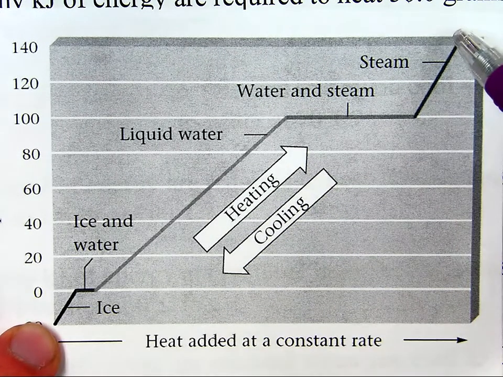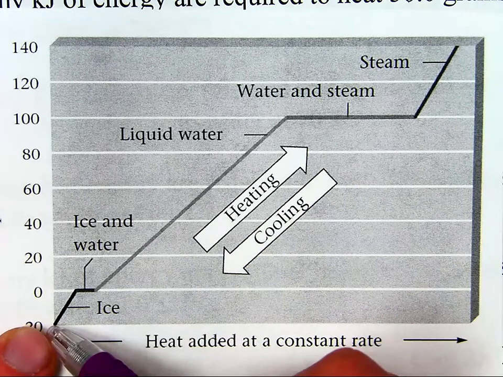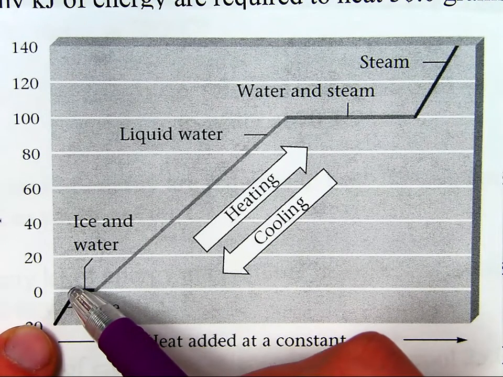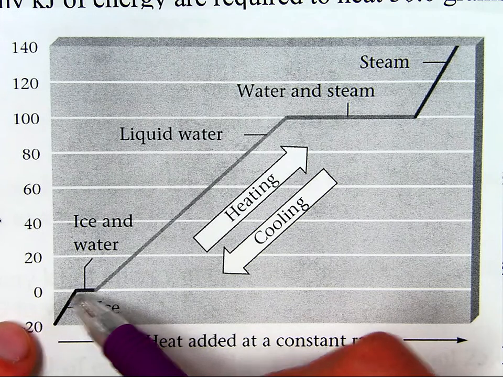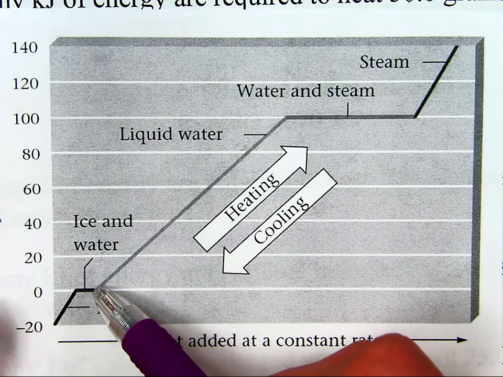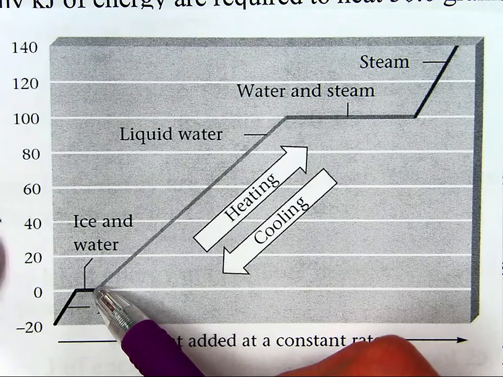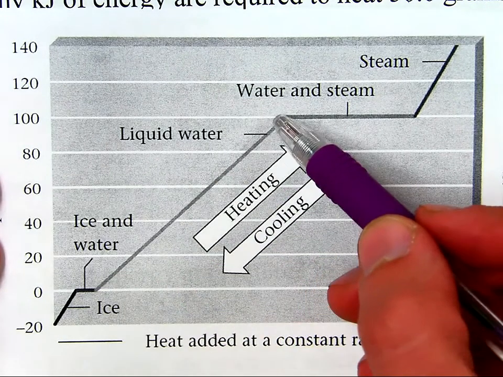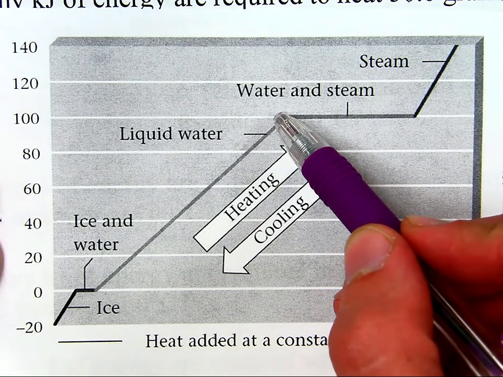So if you want to find the energy to take some ice and heat it all the way to vapor, you have to find the energy to warm the ice up to the melting point, because ice doesn't melt until it reaches its melting point. That's one calculation. Another calculation for melting the ice, so now it's 2. Then another calculation for warming the water from 0 to 100, so that's 3 calculations.